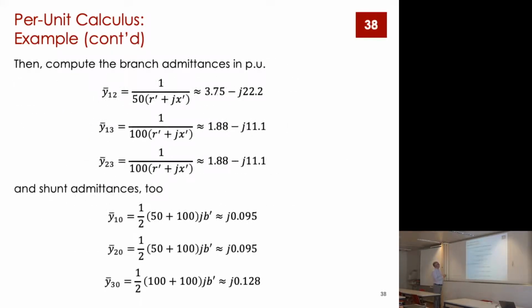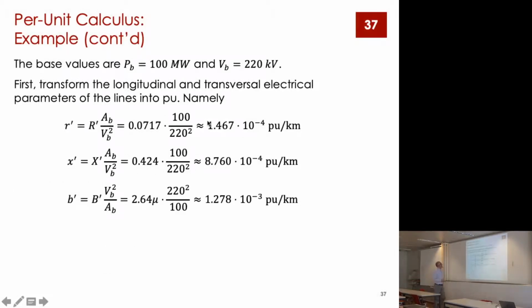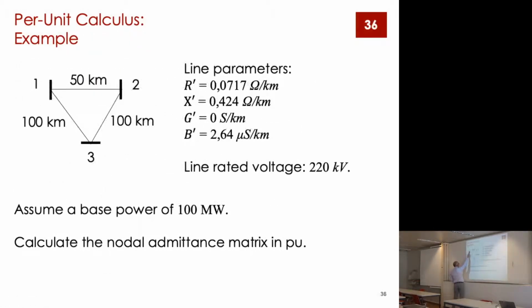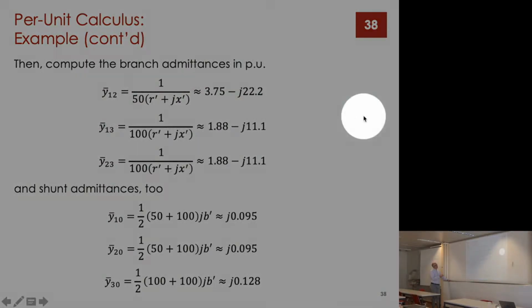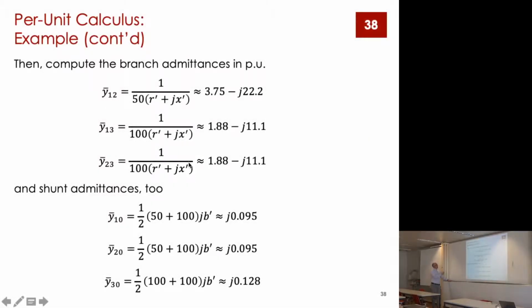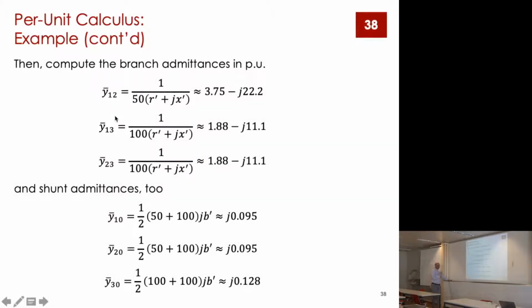Same story for Y13, which is 1 over 100 kilometers times (R prime plus j X prime), because again I have one line connecting 1 to 3, and the same thing for Y23, which is 1 over 100 kilometers times (R prime plus j X prime). So these are the longitudinal elements of the admittance matrix, or the branch admittances.